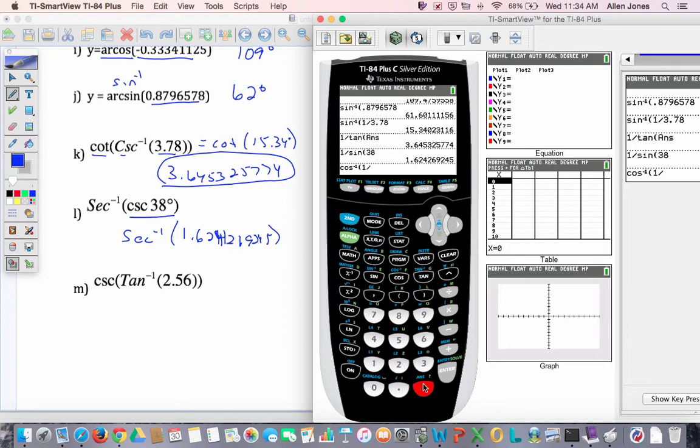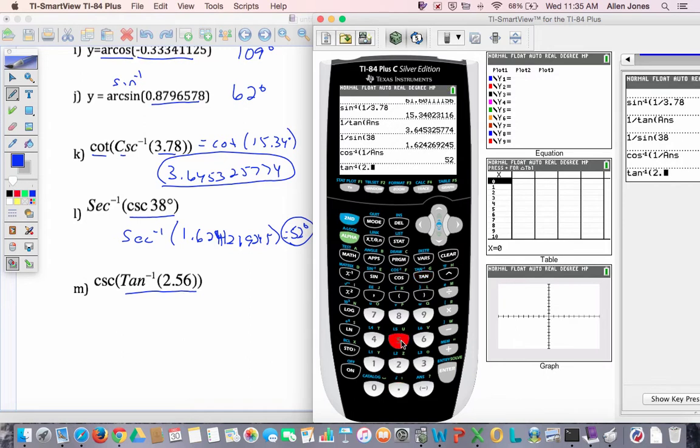Now I have the inverse secant of that, so that's a ratio. So inverse cosine of 1 divided by that value, and that will convert it back to an angle of 52 degrees. There's what we're looking for, 52 degrees.